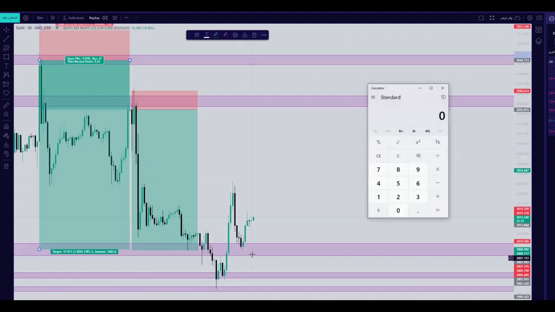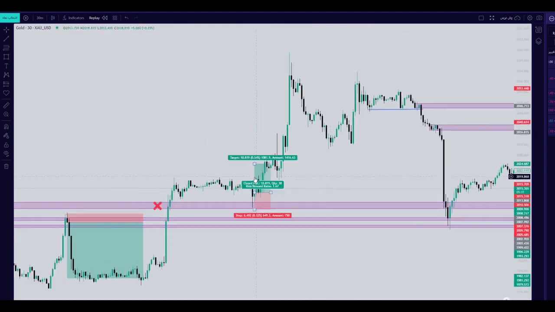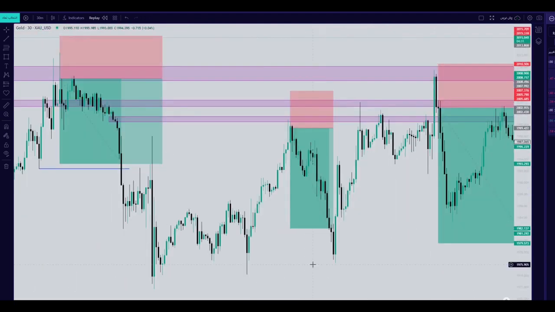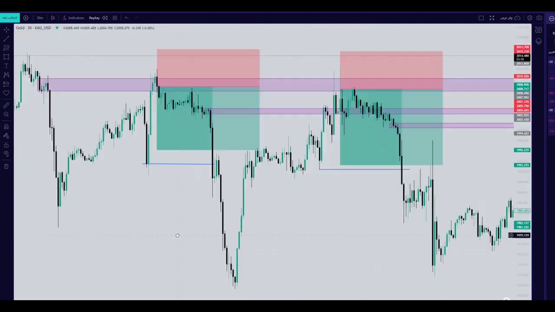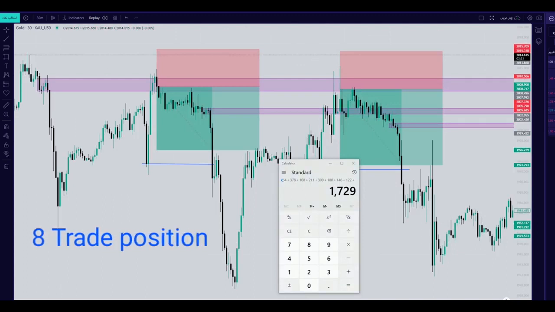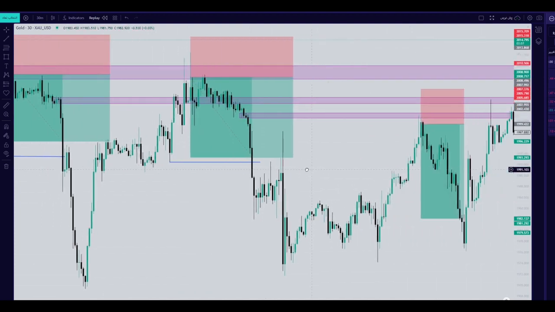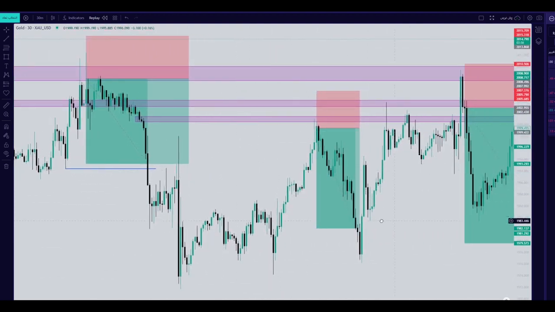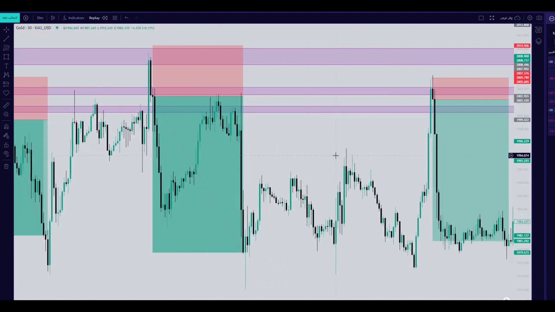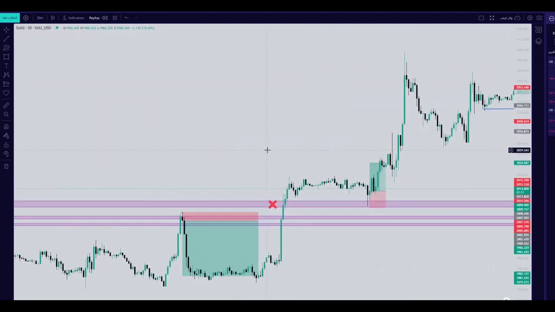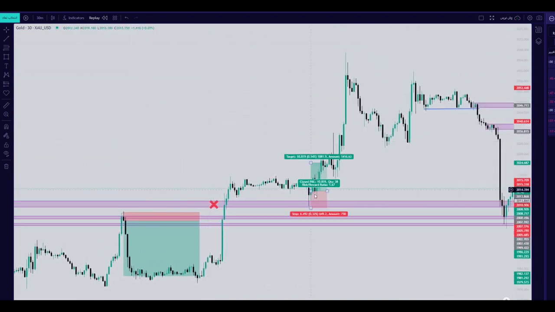I'll use the calculator to find out how much profit we made in these few trades. In only 8 trading positions, we made 1,729 pips of profit. If you follow my instructions, you can also find the order blocks on the chart and do backtesting for the purpose of practice. These order blocks that you see here are all valid, and the market has reacted to them all.